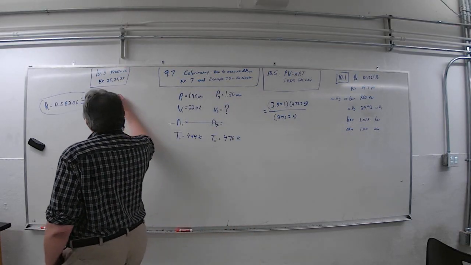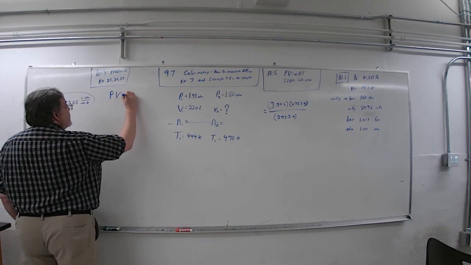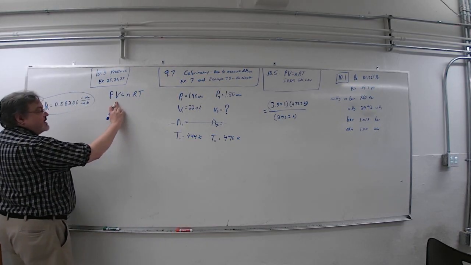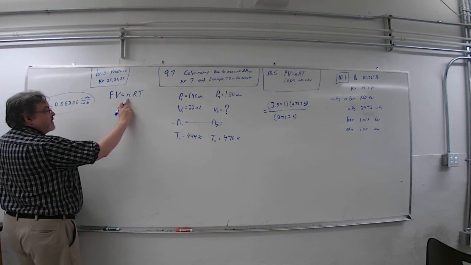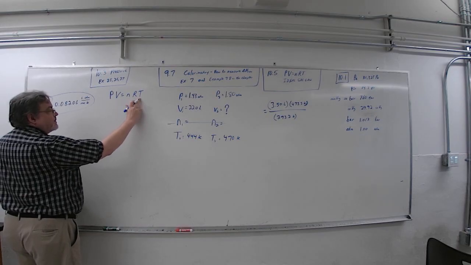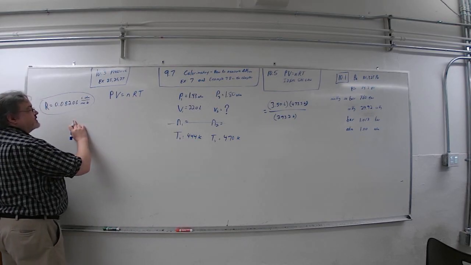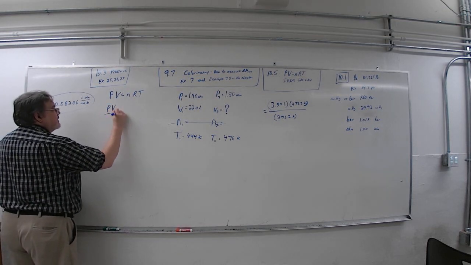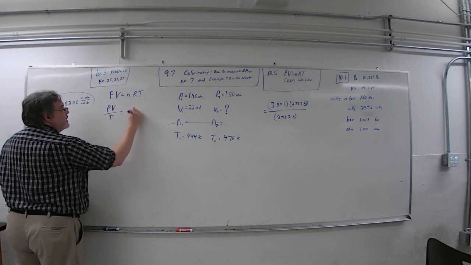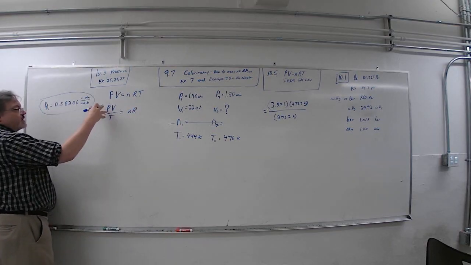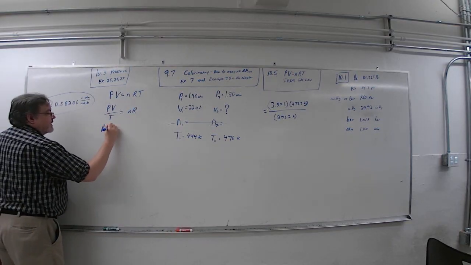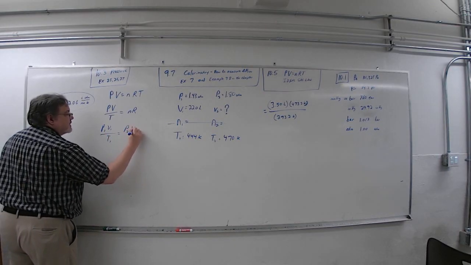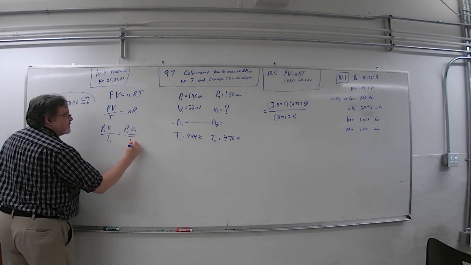All right, so we start with PV equals nRT. Pressure and volume are changing. Moles are not. Temperature is changing, so we need temperature on this side. So we just divide both sides by temperature. So that's everything that's changing, and then you just go P1, V1, T1 equals P2, V2, T2.